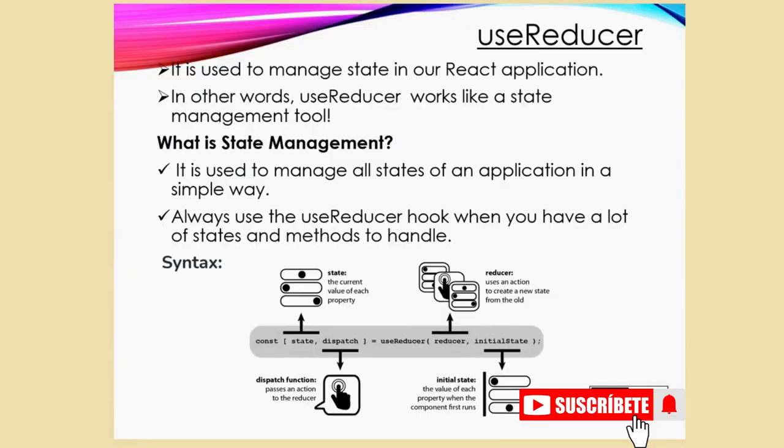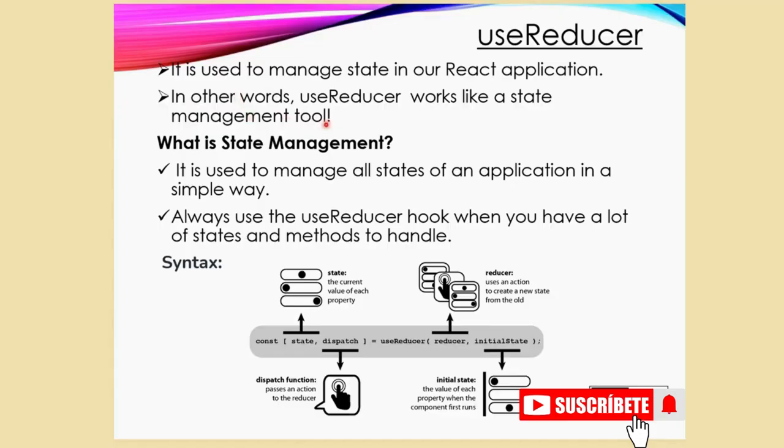Now we go for some more advanced hooks. Here the first hook is useReducer. It is used to manage state in our React application. In other words, useReducer works like a state management tool.